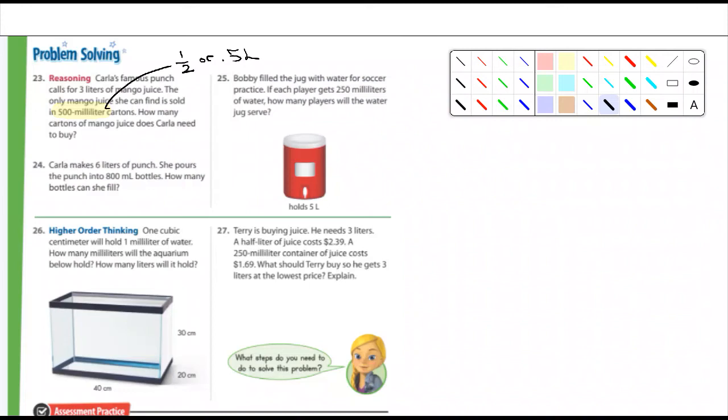All right, Bobby filled the jug with water for soccer practice. If each player gets 250 milliliters of water, how many players will the water jug serve? Well, it holds 5 liters. First thing you need to figure out is how many times the 250 milliliters goes into 1 liter. Remember, 1 liter equals 1,000 milliliters.